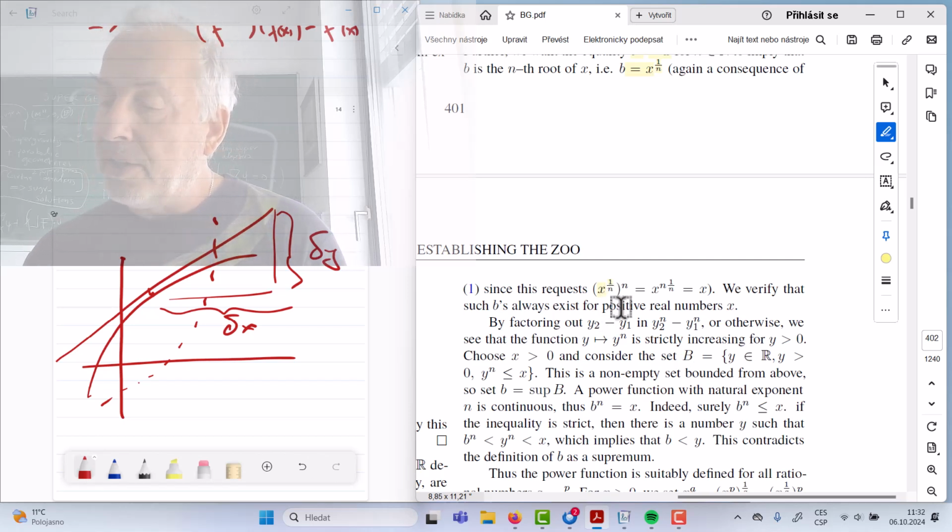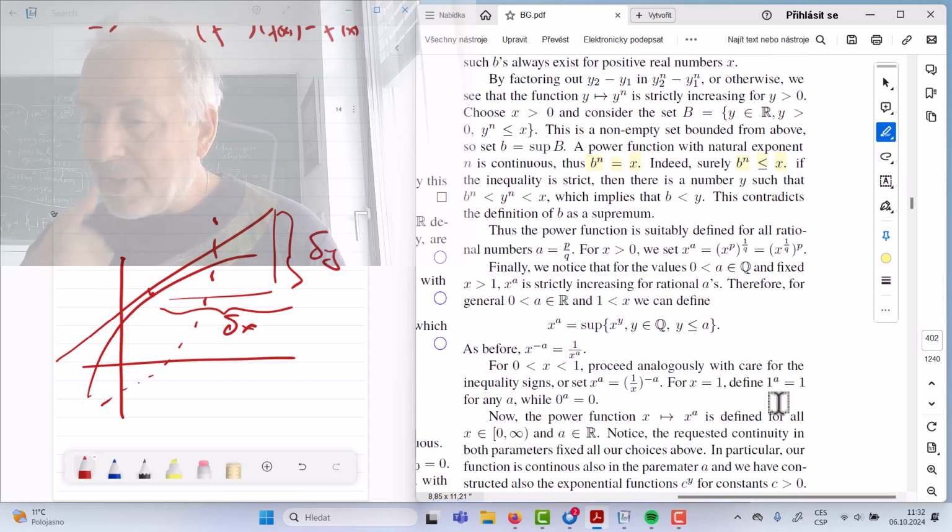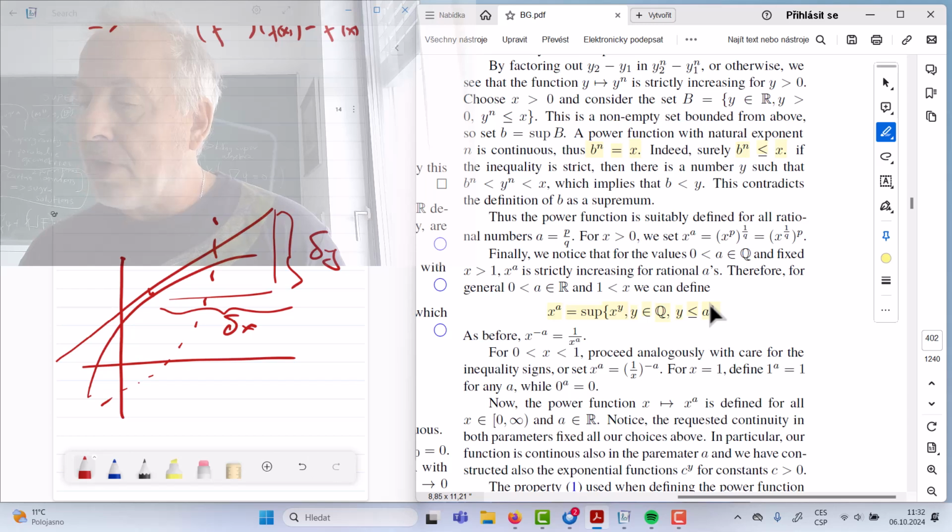We define the values of the power functions, right? So that's again easy. So that's the definition, right?